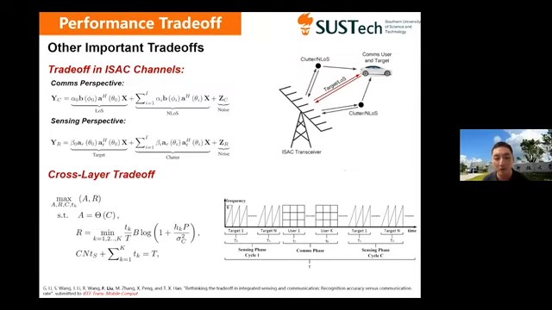For example, if you have a Wi-Fi system that does both, with one time duration for the sensing phase and another for the communication phase, how can you optimally allocate time resources on these two phases to balance the cross-layer performances on target recognition and physical layer communication? Okay, so this is the cross-layer trade-off.